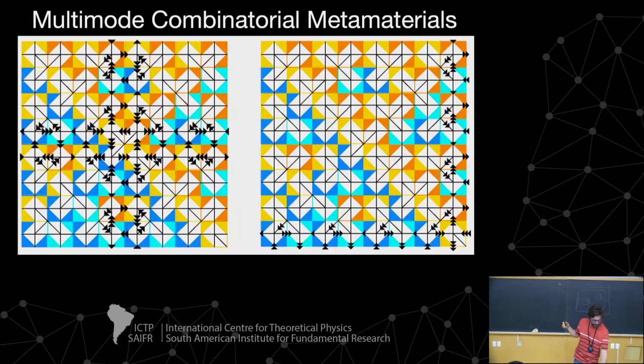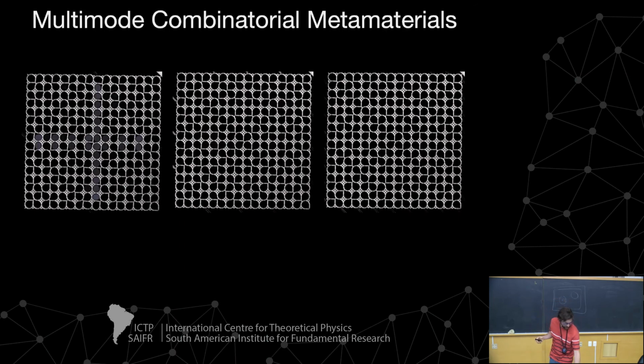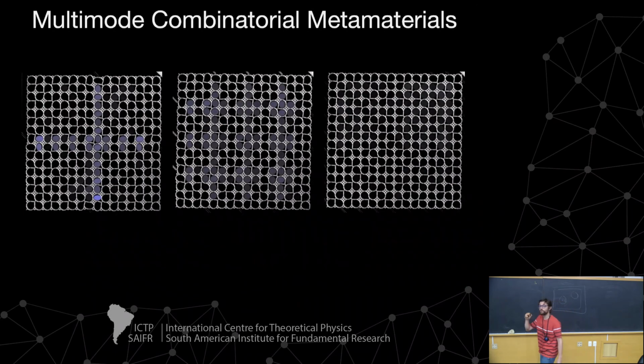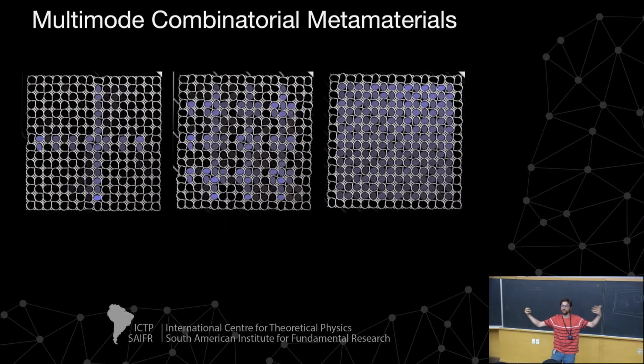You can do more if you like quasi-crystals. You can also construct your quasi-crystal by a substitution rule, and you have these weird mode shapes that look like crosses. This is interesting because the number of modes grows logarithmically, so it's still not uncontrollable.